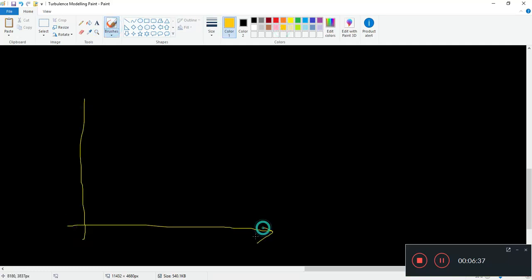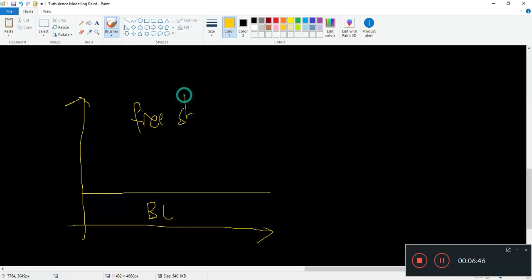We have our attached region and free shear region. So I'll put your BL here, and I'll put your free shear here. Here the velocity is a lot higher in the free shear region, velocity high. You've got lots of turbulence, right?